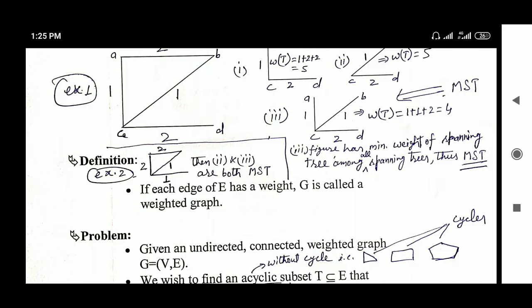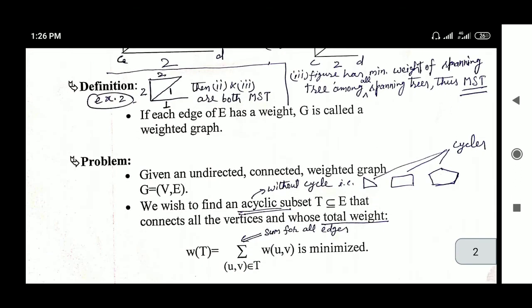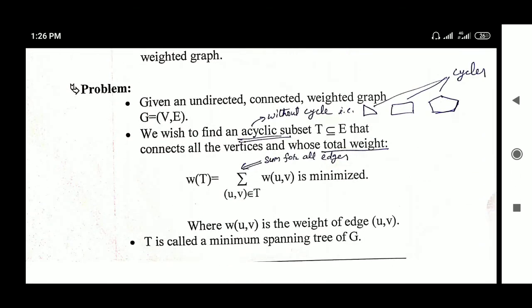So for this example 2, in which AB is 2, AC is also 2, BC is 1 and CD is 1, the pattern number 2 and 3 will give you the MST with the minimum weight of the tree equivalent to 4. So this is all about the minimum spanning tree of a graph which does not have a cycle. Examples of cycles are given here, in a triangle and in a rectangle.